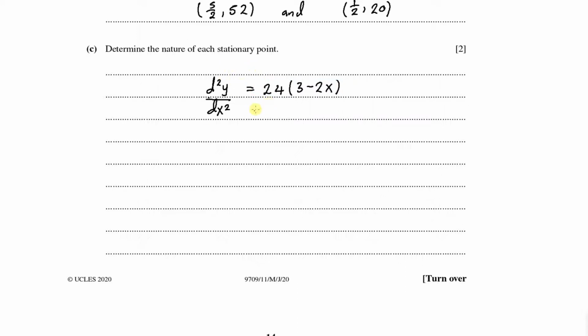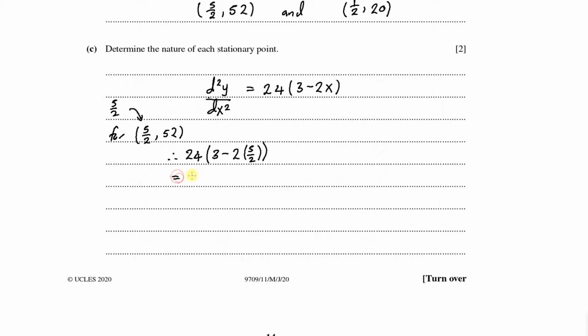Now we know that for the point 5 over 2 and 52, x is 5 over 2, or 2.5. So we substitute that into the second derivative. So that'll be 24 bracket 3 minus 2 of 5 over 2.